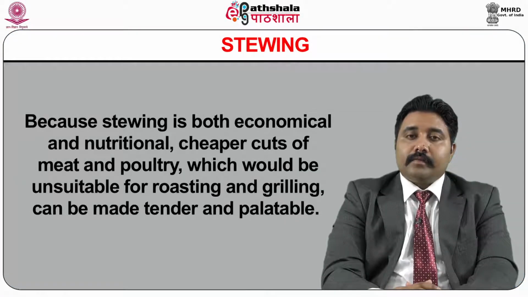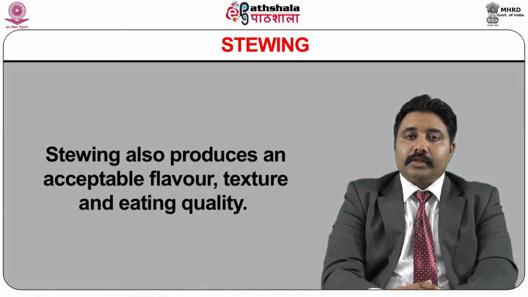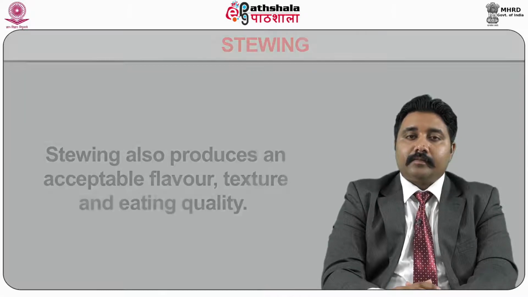Stewing is both economical and nutritional. Cheaper cuts of meat and poultry, which would be unsuitable for roasting and grilling, can be made tender and palatable. Stewing also produces an acceptable flavor, texture and eating quality.